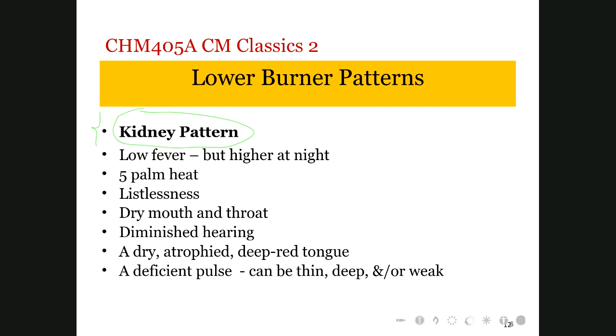That's why some people use the lower burner pattern treatment formula to deal with end-stage conditions, even cancer in the stage of kidney pathology, even when they don't have any external Wen Bing pathology involved. They can use a similar formula for similar conditions and it can help minimize suffering and relieve symptoms.